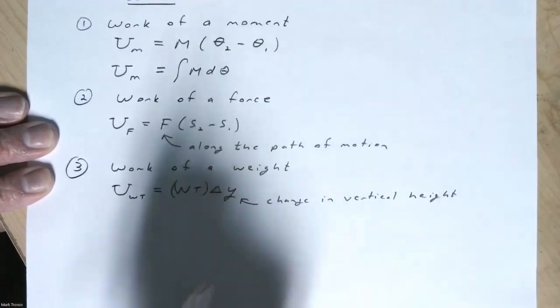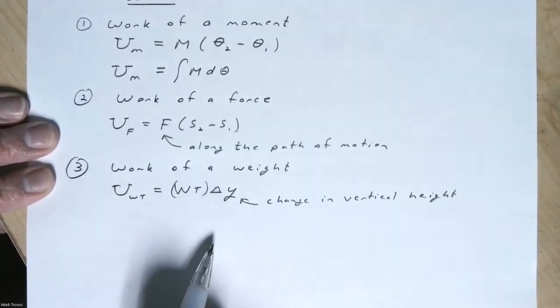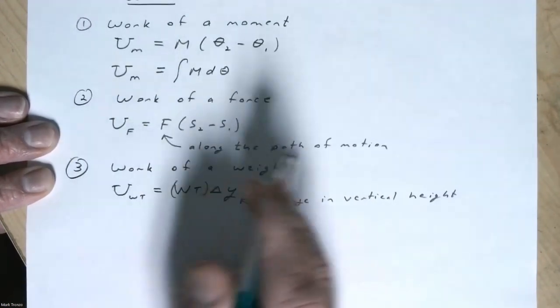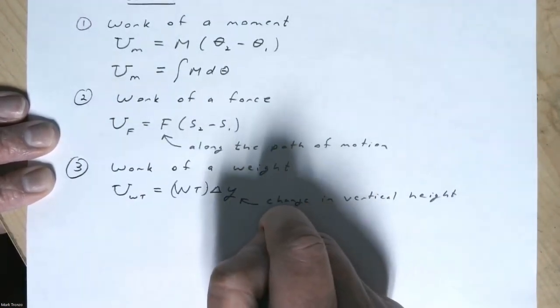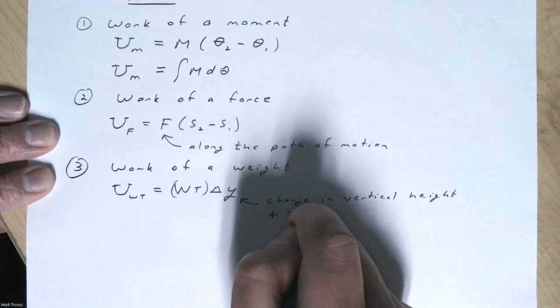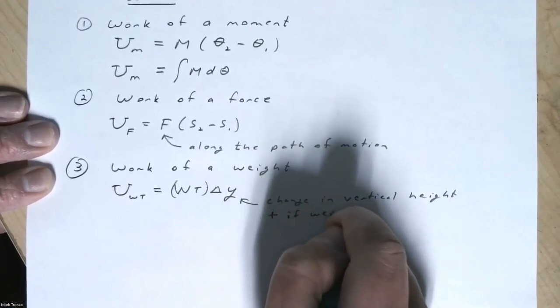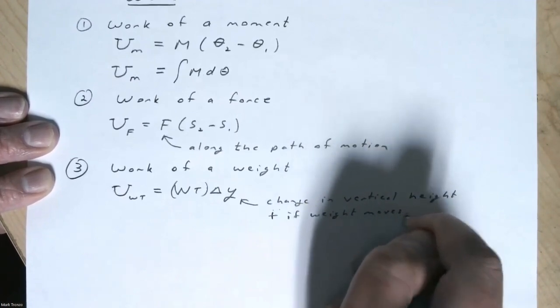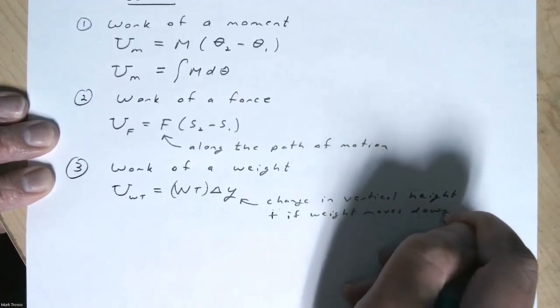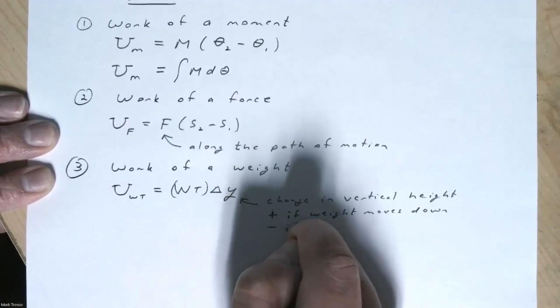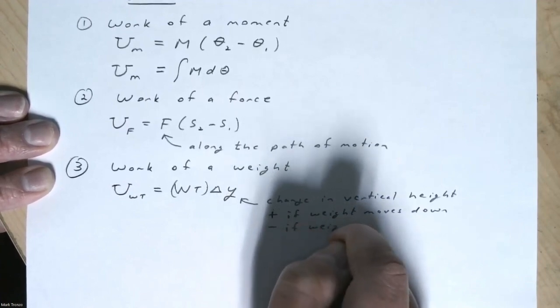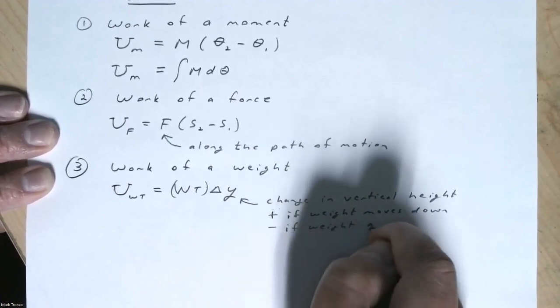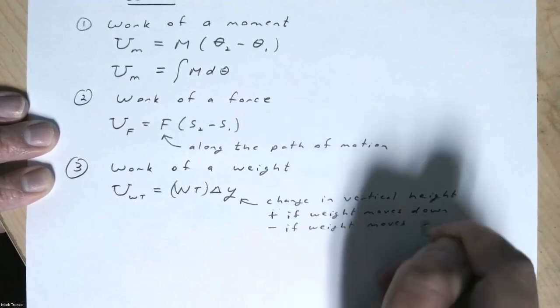Remember, all you have to do is consider how much it's changed vertically for this. And remember, it'll be positive if weight moves downward, and negative if weight moves upward.